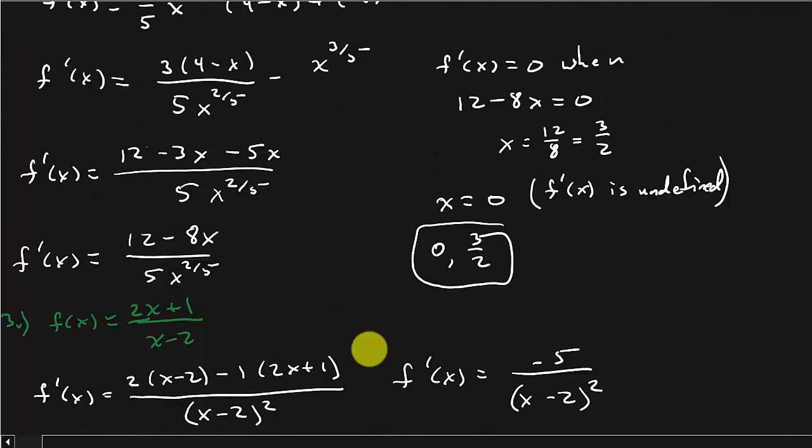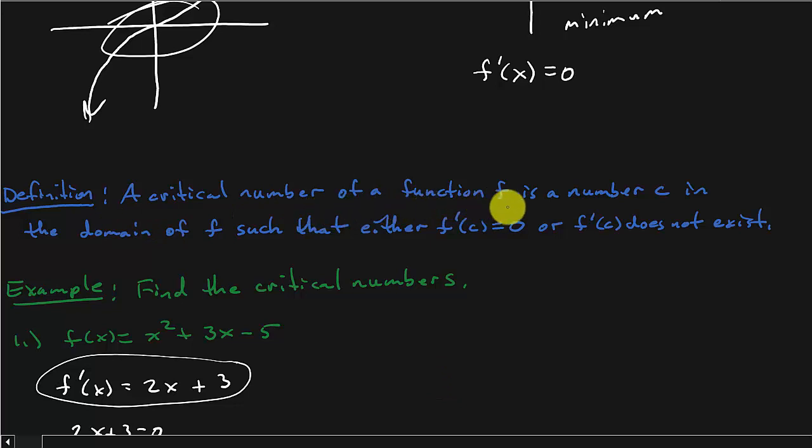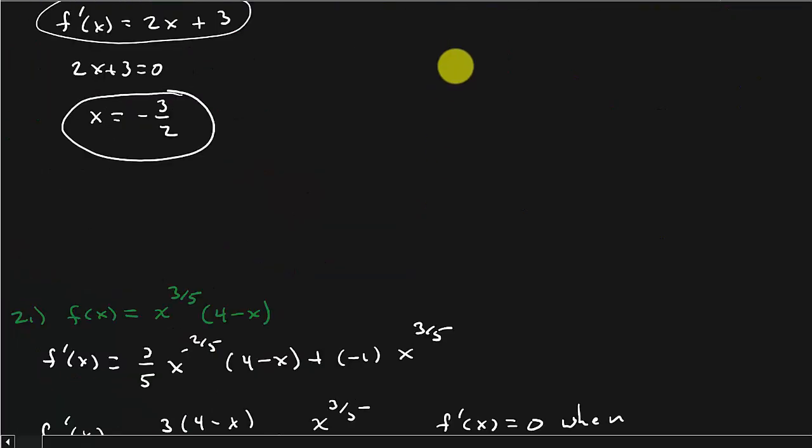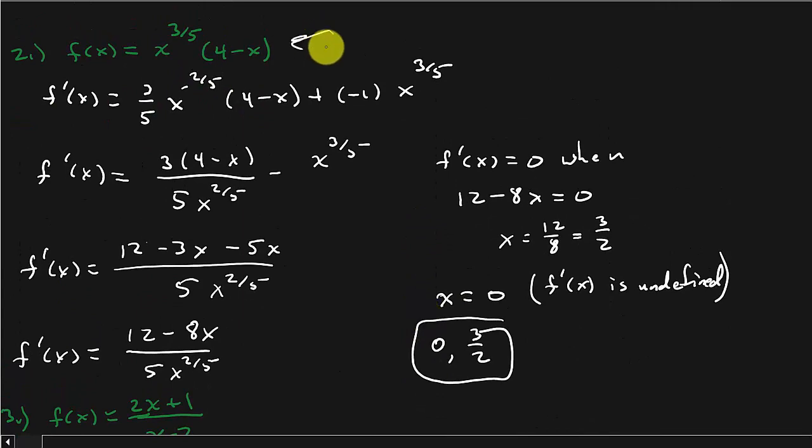Okay, be careful. Watch what it says. A critical number of a function f is a number c in the domain of f. In the domain of the original function. Look. This function here, number 2, when we did it, the derivative was undefined at 0.